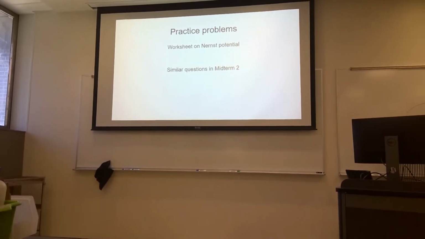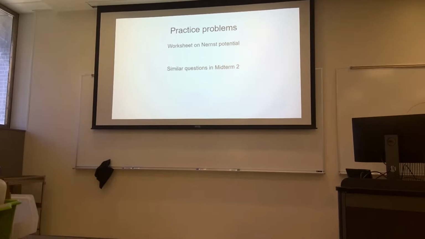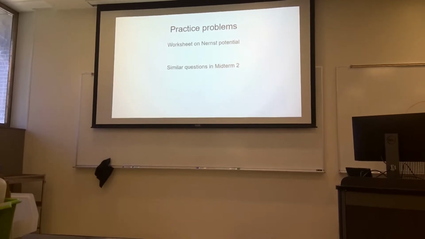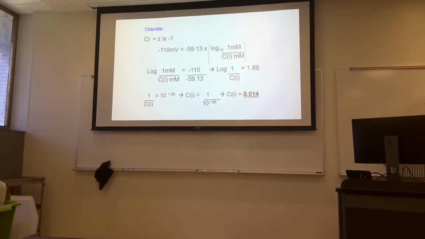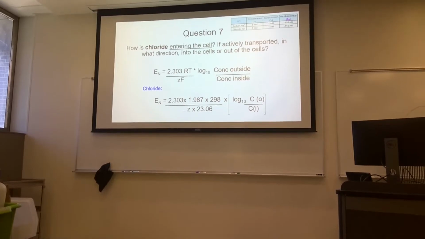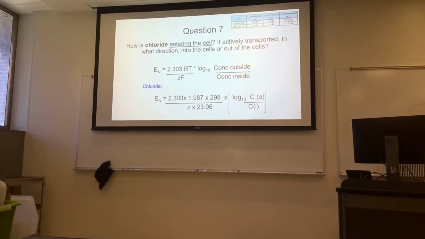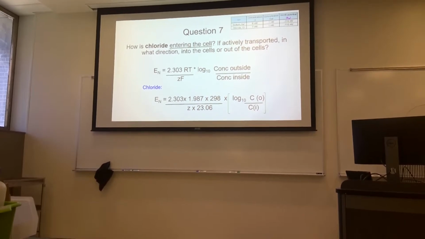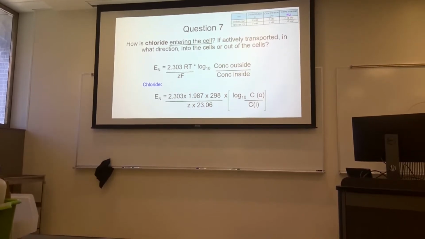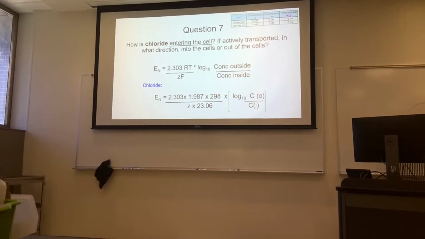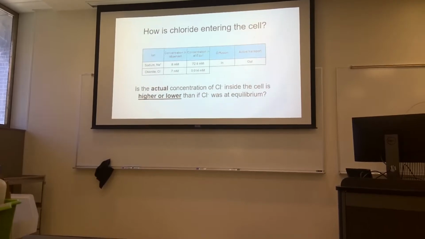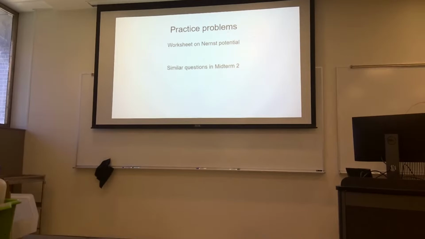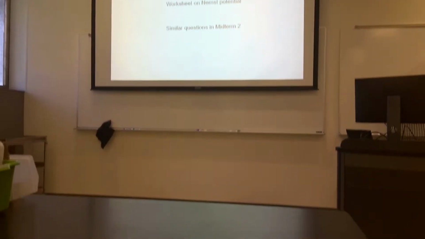All you have to change is the 59 in the equation, depending on the charge of the ion you're given: +2, -2, +1. Okay, that's it. Please leave your assignments and I will see you.